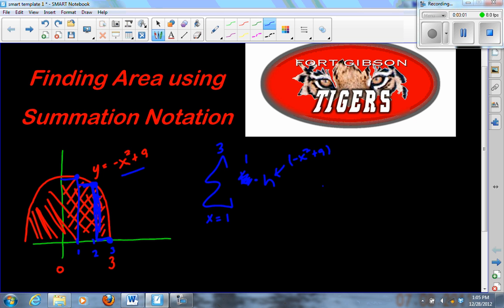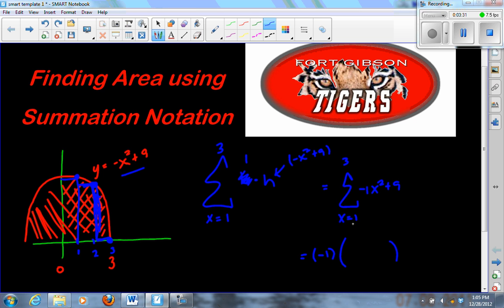So the area of this can be approximated by finding the area of these 3 rectangles, which is 1 times negative x squared plus 9, or just negative x squared plus 9, which has shortcuts we remember from the video before this. This is like a -1, so you just say -1.